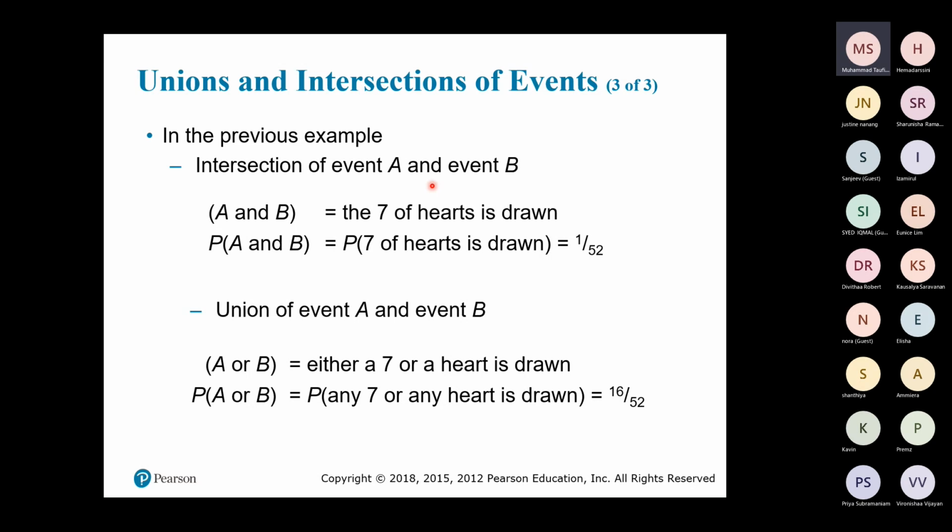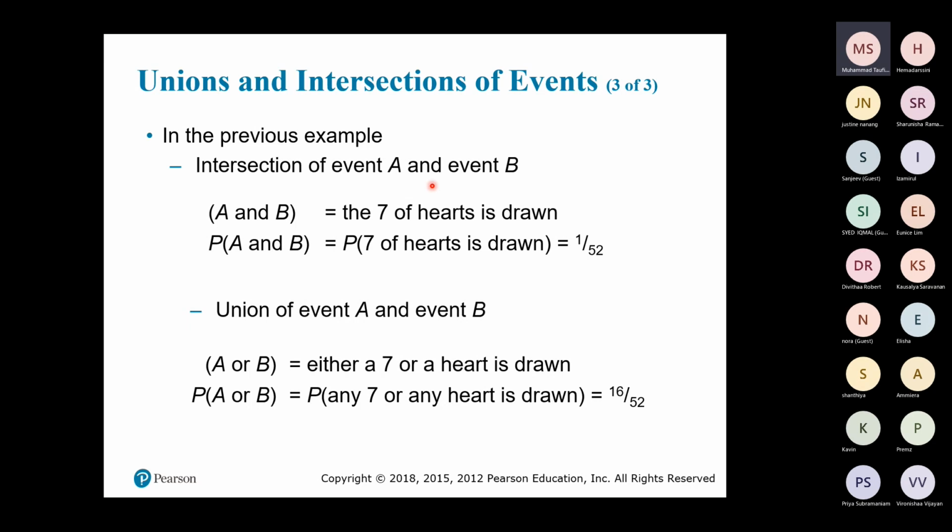So if we want to know the intersection, the probability that we will draw a 7 and at the same time the card is a heart, what is the probability? We want to combine A and B. So what is the probability that we will pull the 7 of hearts? How many 7 of hearts cards are there in one deck? Only one.